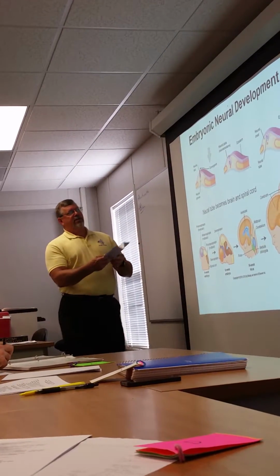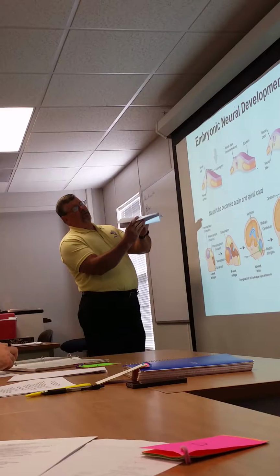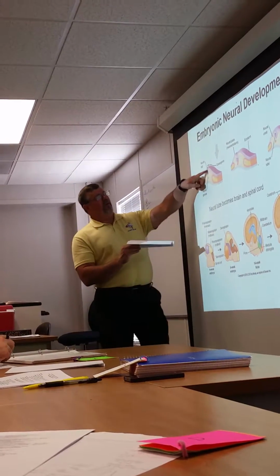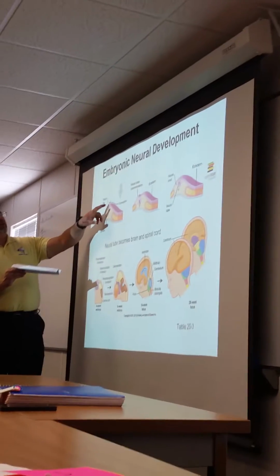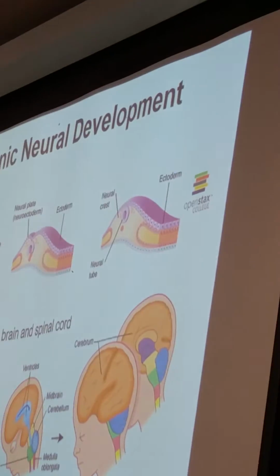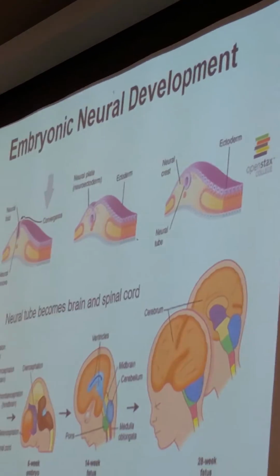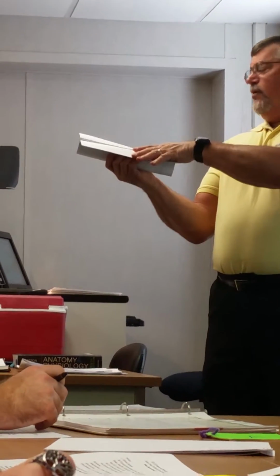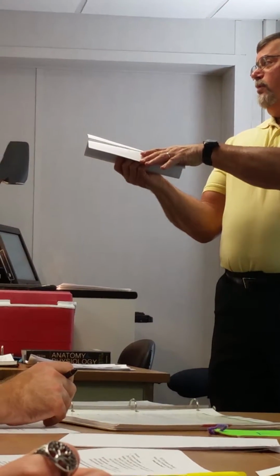So the way this works is, when it does this first fold, you have what's called the neural fold. Actually, the neural plate becomes a neural fold, and eventually the neural tube. So we've got this tube. And right where the fold was, that becomes the peripheral nervous system. All the rest of the ectoderm becomes epidermis.